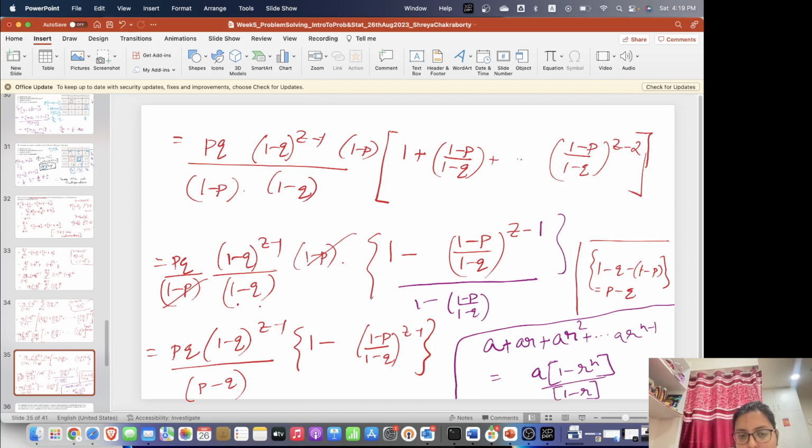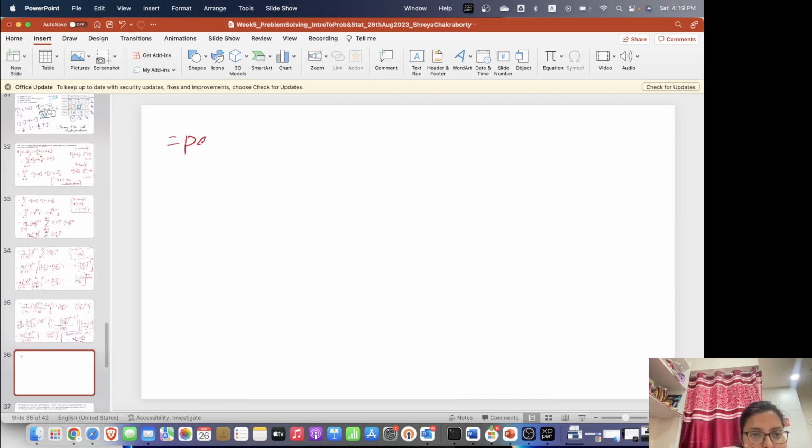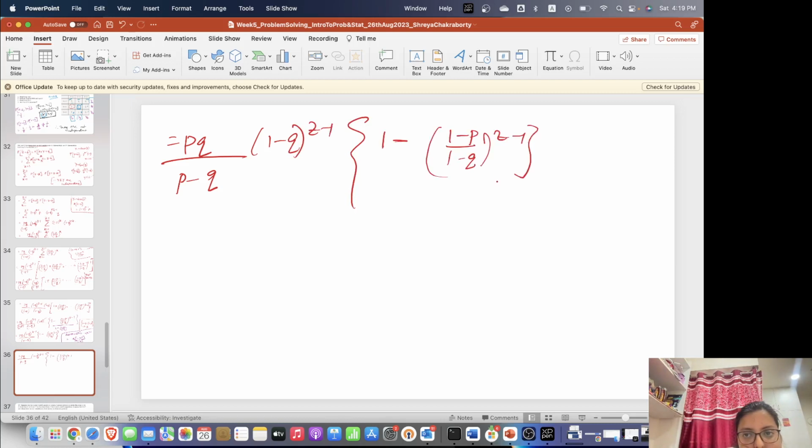Then in the numerator also this 1 minus q. So this will be pq by p minus q, 1 minus q to the power z minus 1, times 1 minus 1 minus p by 1 minus q to the power z minus 1.